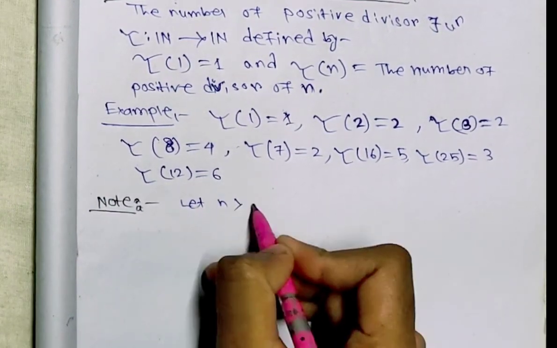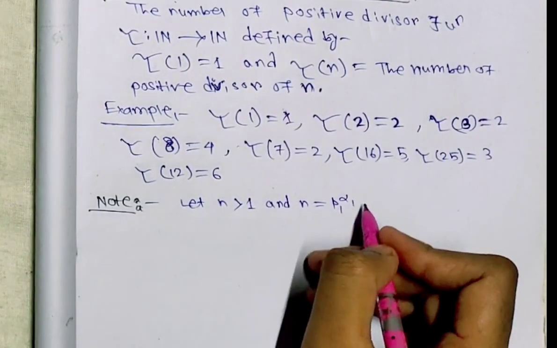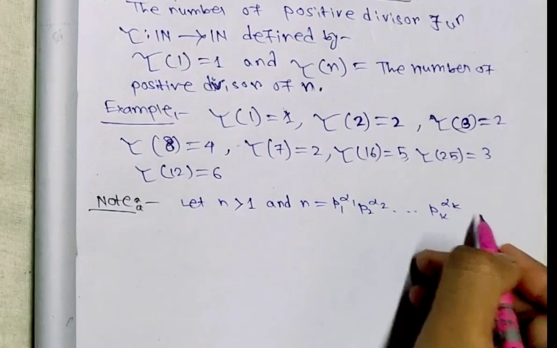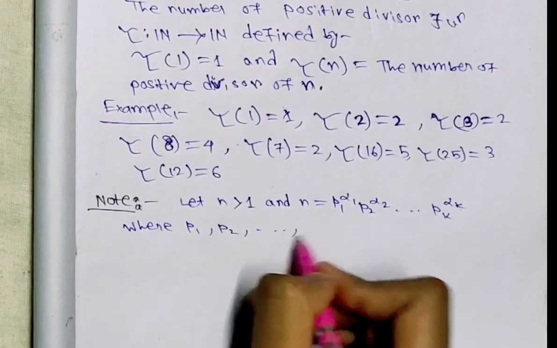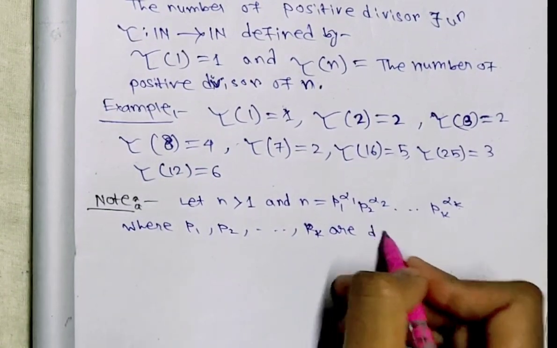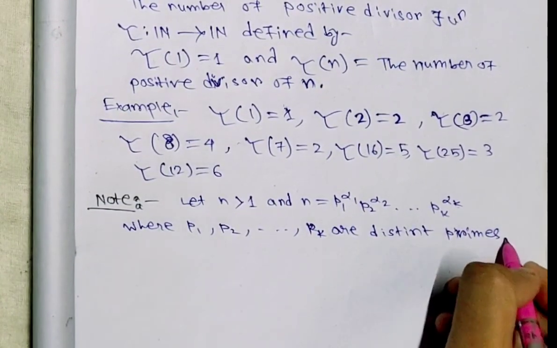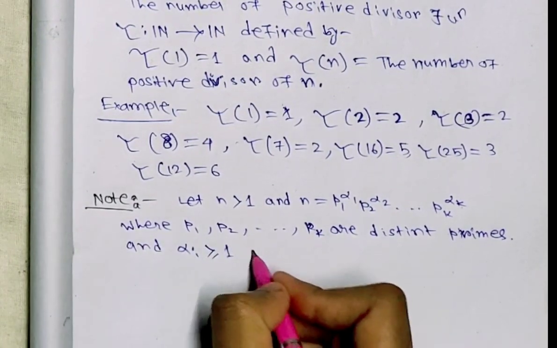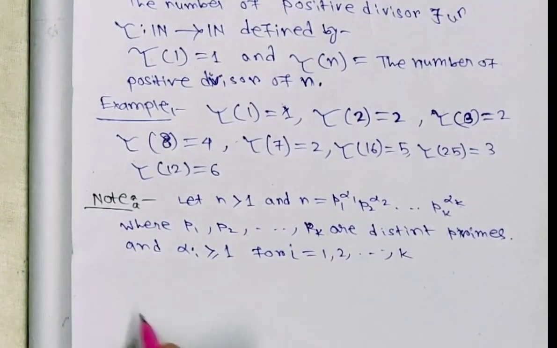Let n be greater than 1 and n equals p1 to the power alpha 1, p2 to the power alpha 2, dot, pk to the power alpha k, where p1, p2, pk are distinct primes, and alpha i is always greater than or equal to 1 for i equals 1 to k.